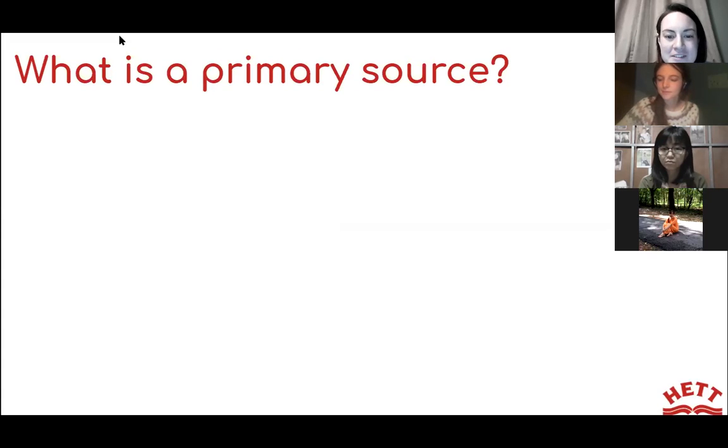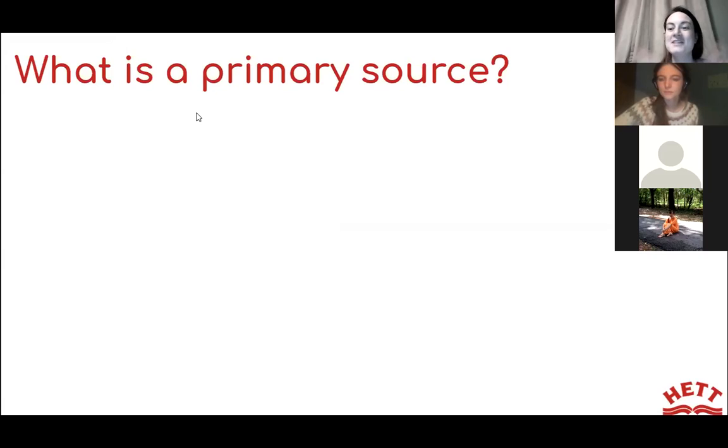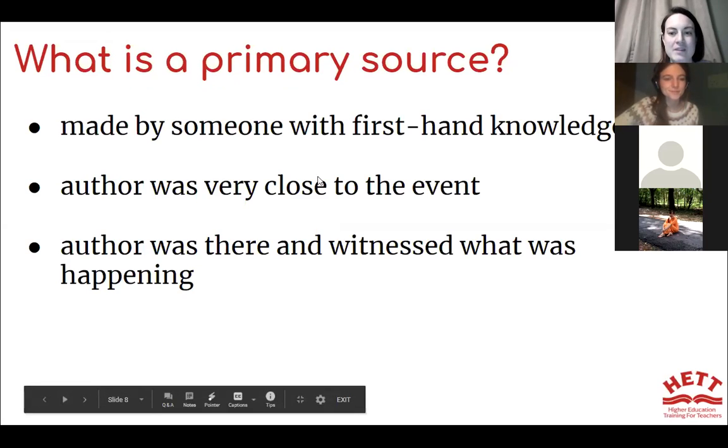So we discussed it a little bit, but what is a primary source? It's the original and real source. Yeah, the original resource that you're using. Someone said original document, so that fits as well. So that's a primary source.